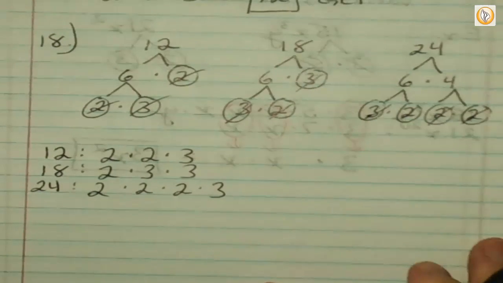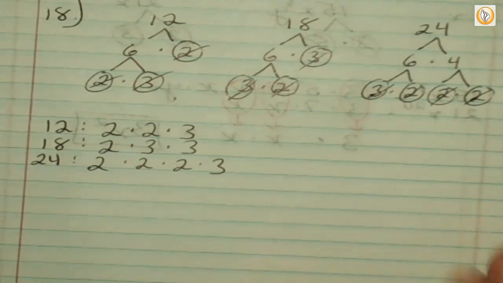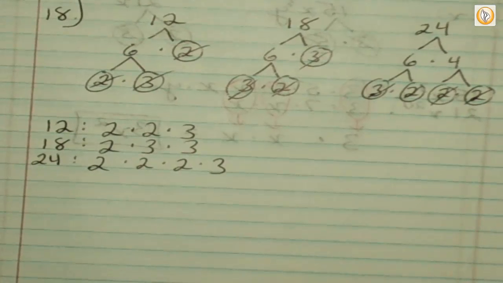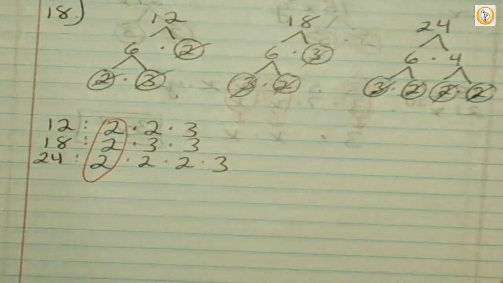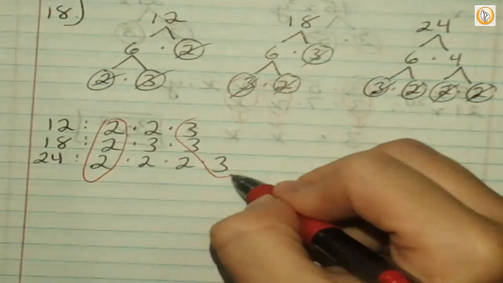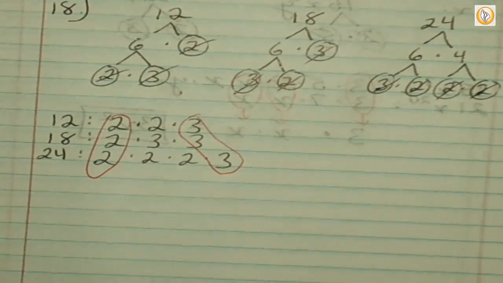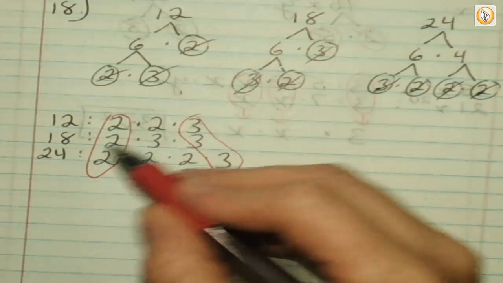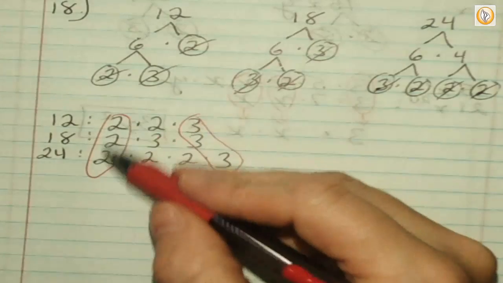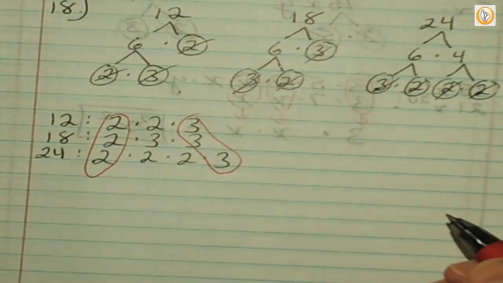Perfect. Okay, so this one looks a little different because we're dealing with 3 numbers: 12, 18, and 24. Gabby, what do all 3 have in common? 2 and 3. Guys, it doesn't matter if there's a pair right here, we're dealing with three numbers. So you've got to find what they all have in common.